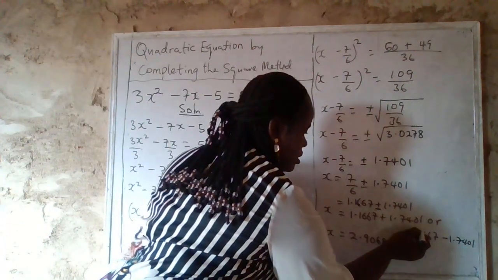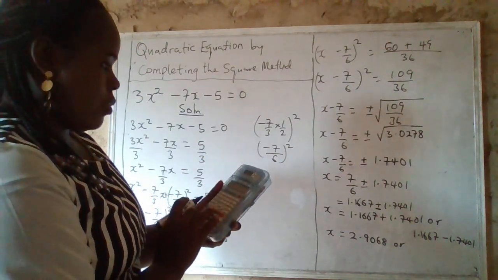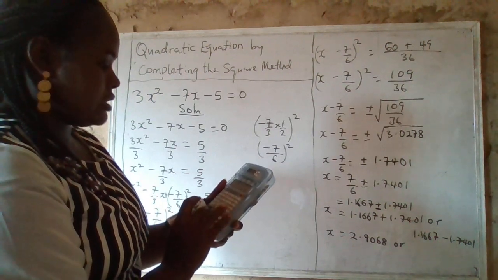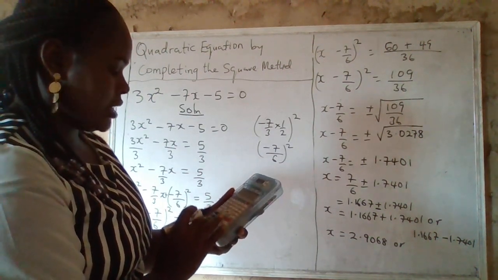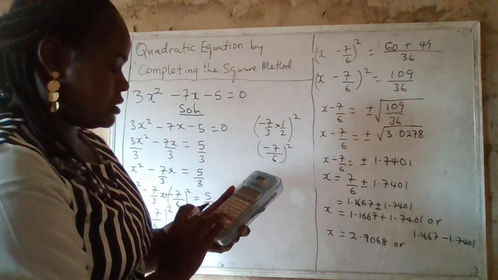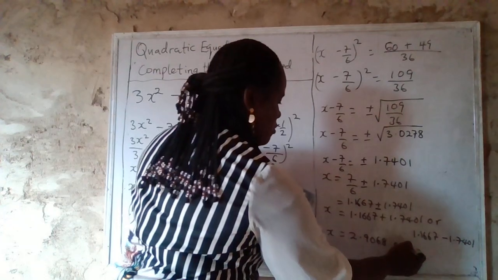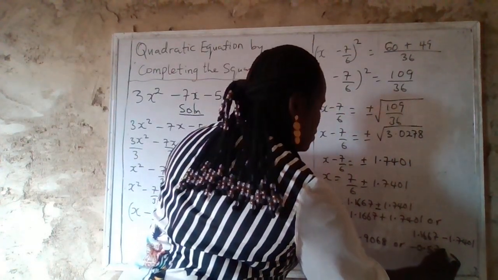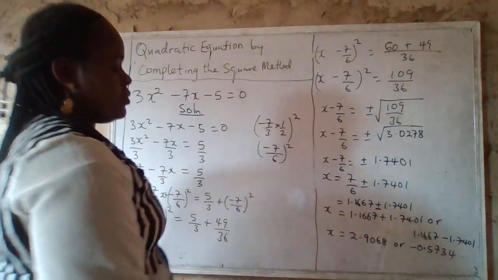1.1667 minus 1.7401 will give me minus 0.5734, and that is what you will have.